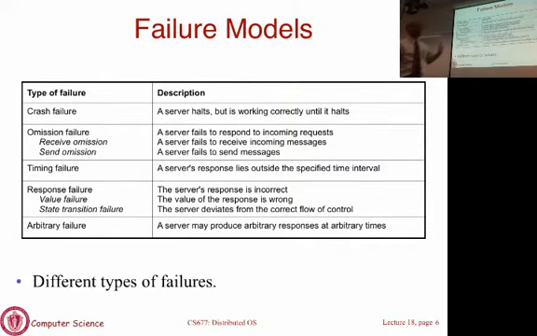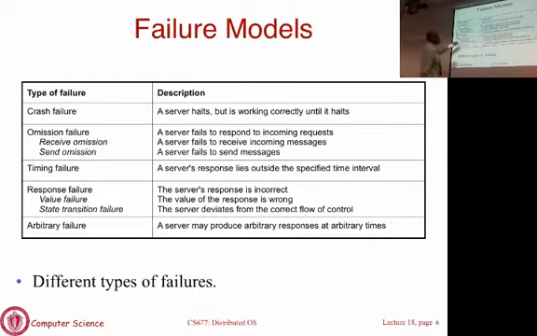And here are the different kinds of failures that may result from those faults. First is a crash failure. This is very straightforward. The server has just crashed, the OS crashed, or some component failed, so it just stops. It doesn't work anymore. An omission failure says a server has failed to respond to incoming requests.